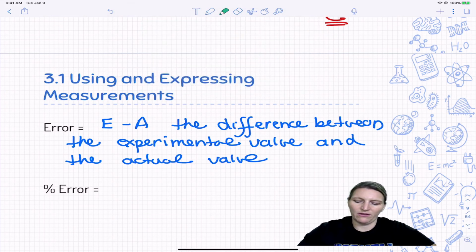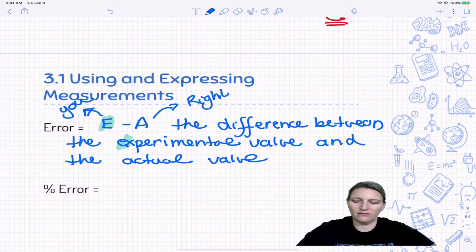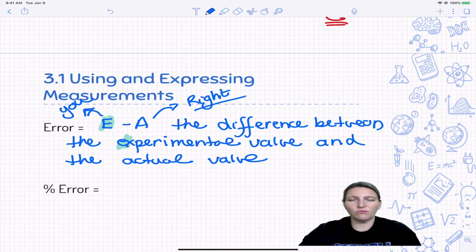Experimental value just means what you got. So this is what you got. And the actual value is the right answer, right? A, actual value, the right answer. You would subtract those 2, and so error can be positive or negative, but percent error is much more important than the error.